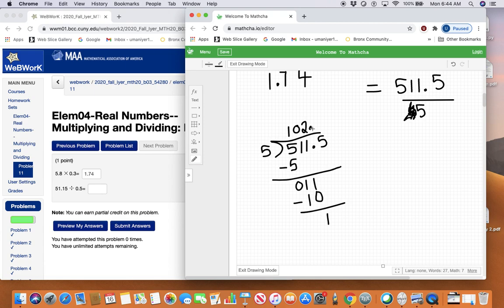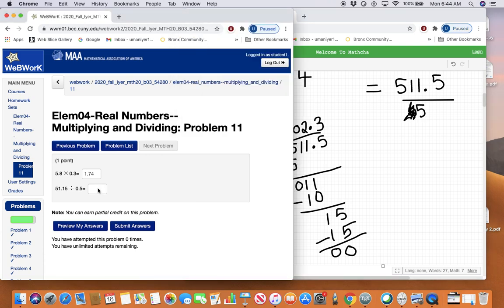Now decimal, above the decimal, I can bring down the 5. 5 goes in 15 3 times. Okay, 102.3.